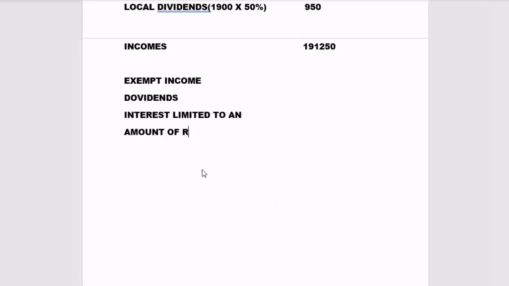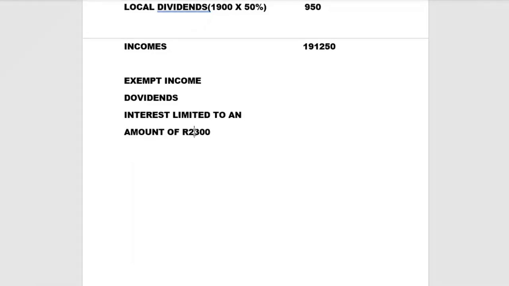What we do here is we'll say the interest for both, and then we add them together: 9,300 plus 13,000 rands, and then it's 22,300 rand. Remember, the limit is 23,800 rand, right?